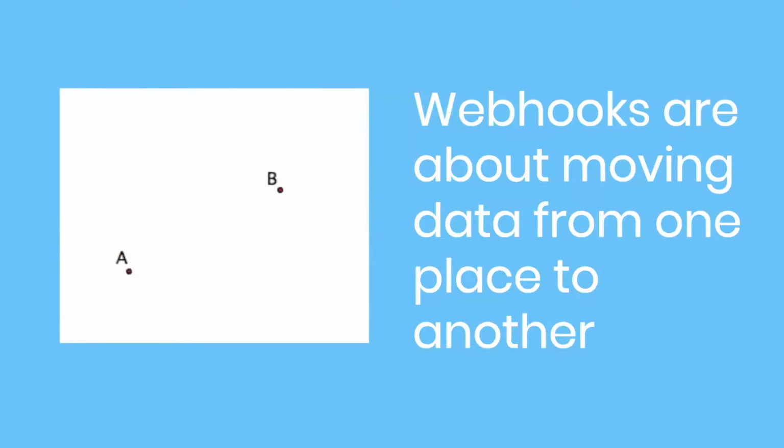Webhooks are really just about moving data from one place to another, from point A to point B, right? And so that sounds like APIs, right? But a big difference there is who's driving.